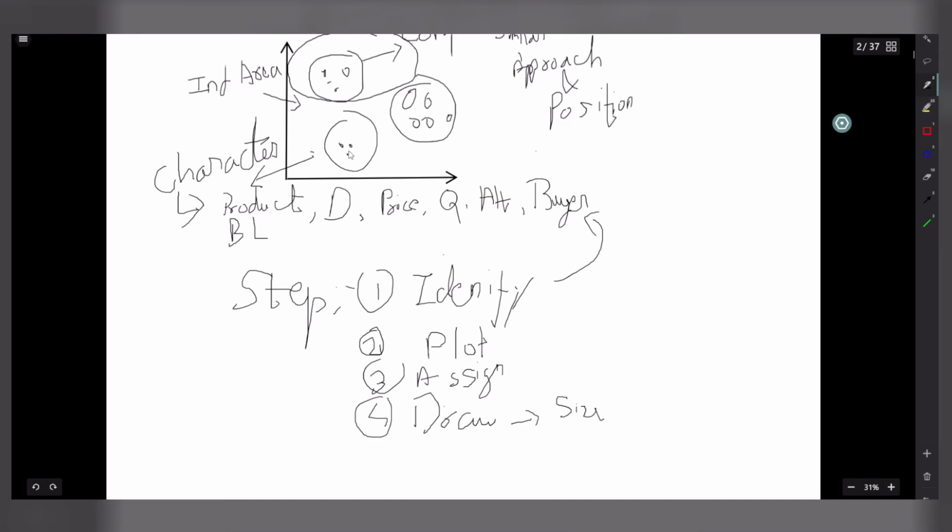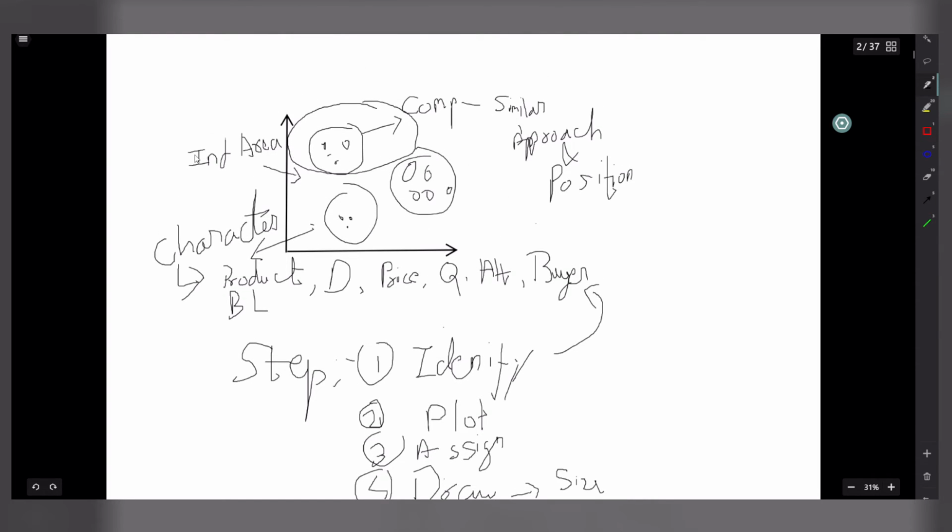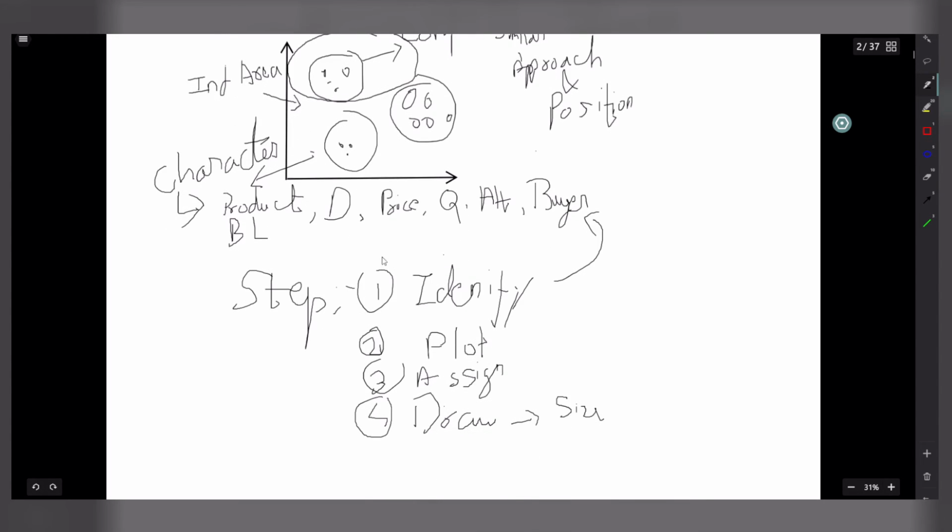We went through the creation of strategic group mapping, the factors, the characteristics, and the steps involved: identify the competitors and allot them on the basis of their characteristics, plot them on a two-variable graph, assign them space on the basis of the market position they hold, then draw circles in proportion to the total revenue they earn in the industry, and then analyze and make your decision accordingly. So that was strategic group mapping.